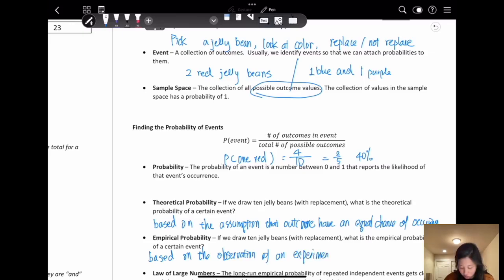Again, let's use flipping a coin. If you flip the coin once and get heads up, the empirical probability of heads up is 100%. But the empirical probability of tails up in this experiment is 0%.